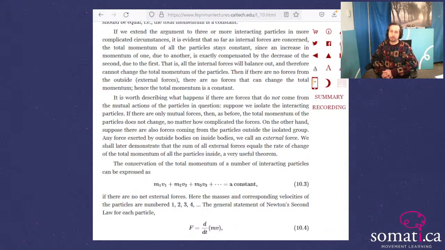Conservation of the total momentum of a number of interacting particles is a constant if there are no external forces.